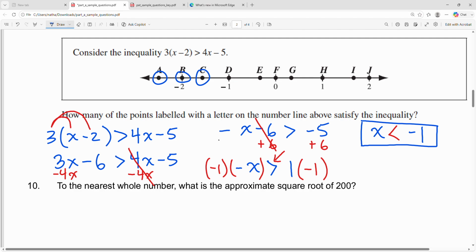It could be many other answers, but they're just asking us to pick out how many of those. So there they are, 3. So we're going to have somewhere to fill in on our numeric response, and you're going to say there are 1, 2, 3 points. So our answer is 3 points fall in that solution to this inequality, which says that the x must be less than negative 1.